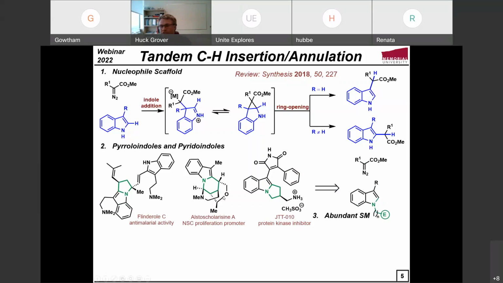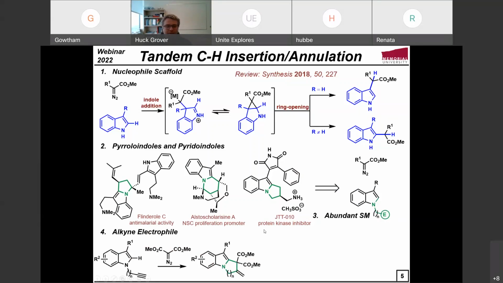And this was what was interesting to us because it would allow us to start by appending an electrophile to a readily available starting material, indole, abundant starting materials, through simple alkylation chemistry. We could put electrophiles on the nitrogen and then develop an annulation approach to access a series of bicyclic indole frameworks. So the last thing we had to look for was what type of electrophile we wanted to utilize.